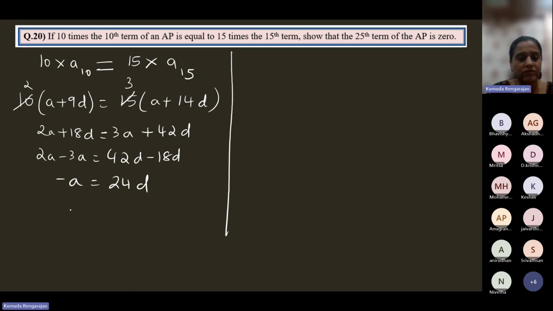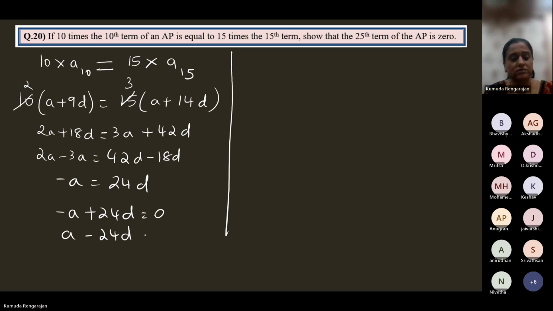Okay, now when you take everything to one side, you'll get minus a plus 24d is equal to 0. So you can change the signs throughout and write a minus 24d. Sorry, I didn't change the sign.